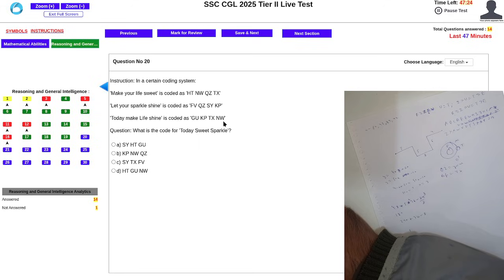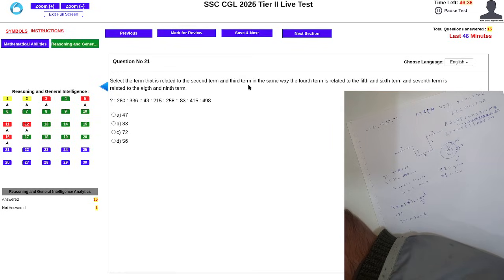QZ, STX, STGU, SY, sparkle, shine, NW. Today's sweet sparkle. TX to life. TX will not come, QZ will not come, HTNW. HTNW, one of them is sweet. NW. Make NW will not come, this thing.